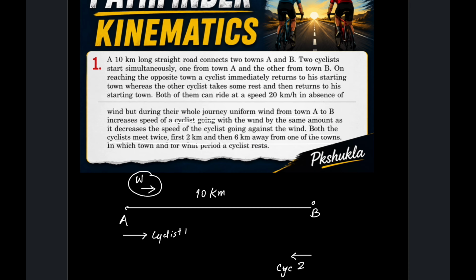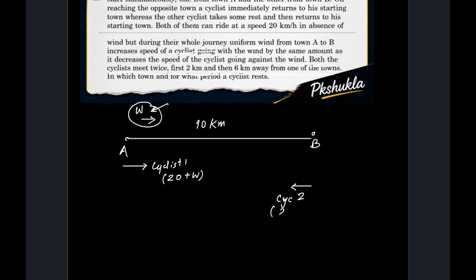Okay, so this is the question. Let the wind speed be W. Cyclist speed is given as 20. So the cyclist moving with wind will have its effective speed as 20 plus W, while the other cyclist will have effective speed 20 minus W. Cyclist 1 is moving with a larger speed, so it will cover a larger distance as compared to cyclist 2.